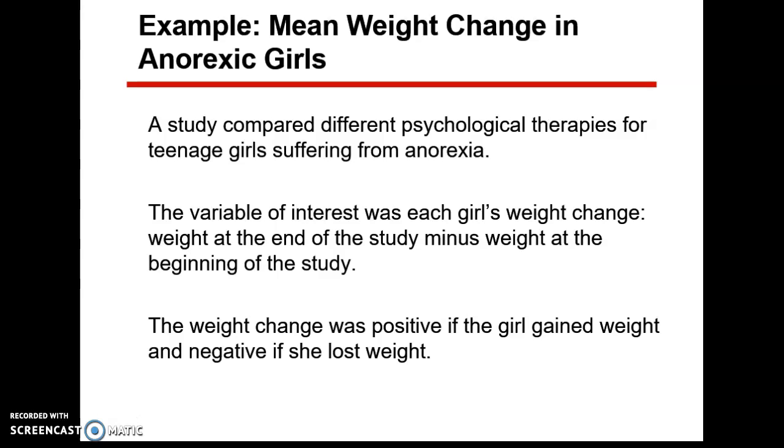Here we're going to look at a study comparing psych therapies for teenage girls suffering from anorexia. But before that, think about this for a minute. Suppose I came in and I said that the average weight of people in the class was 125 pounds.